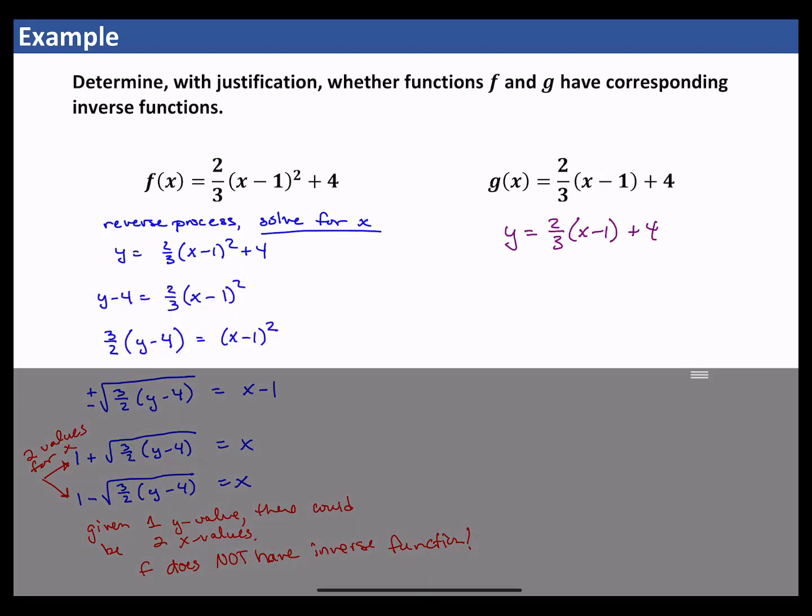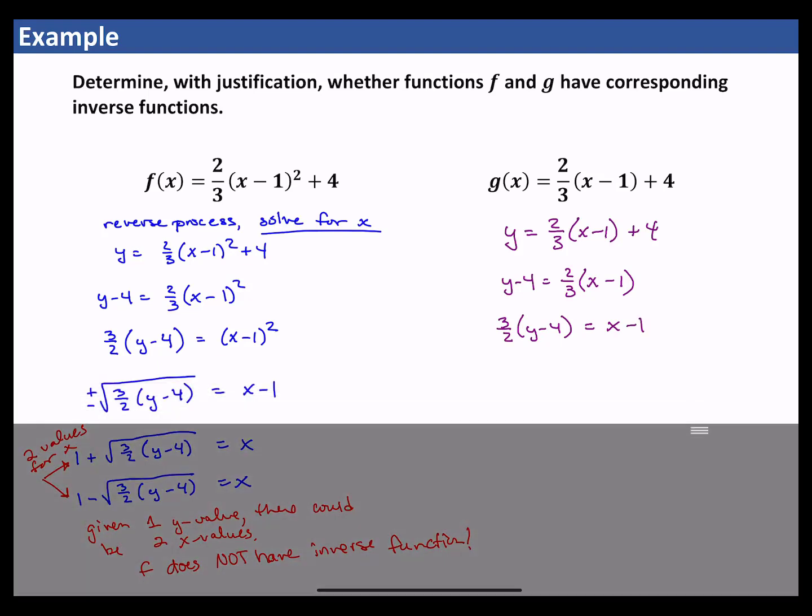So we're going to subtract 4 from both sides. We'll get y minus 4 equals 2/3 times (x minus 1). And then multiply both sides by 3/2. So 3/2 times (y minus 4) equals x minus 1. And lastly, add 1 to both sides.